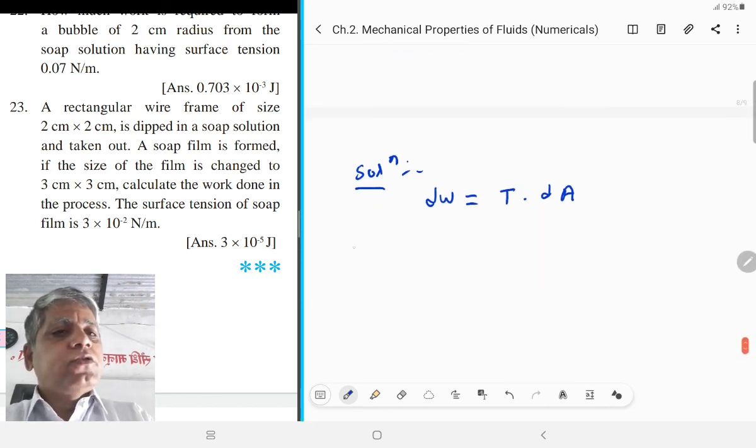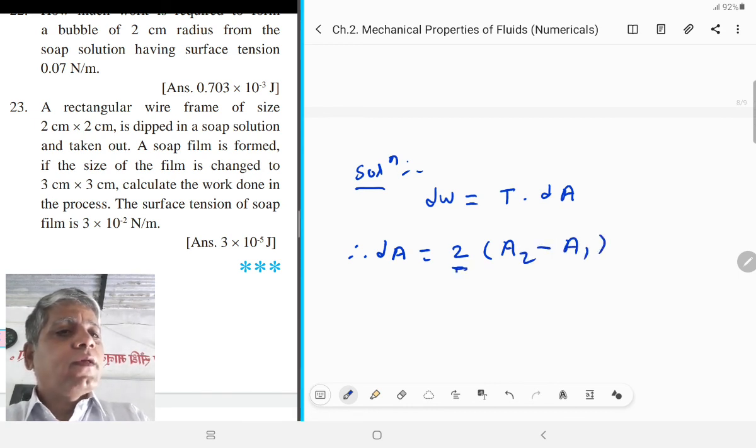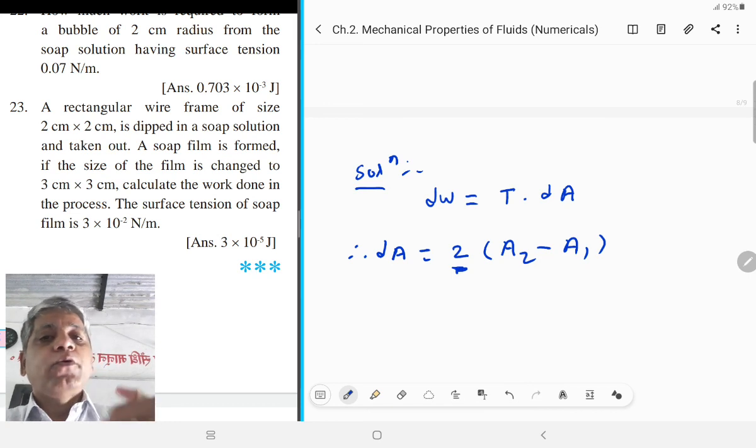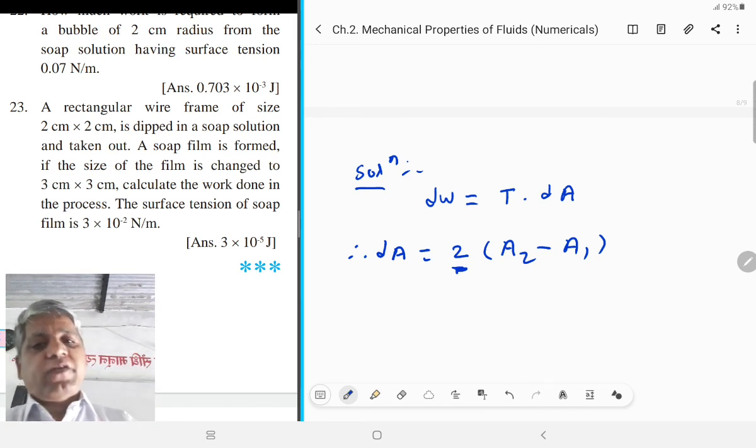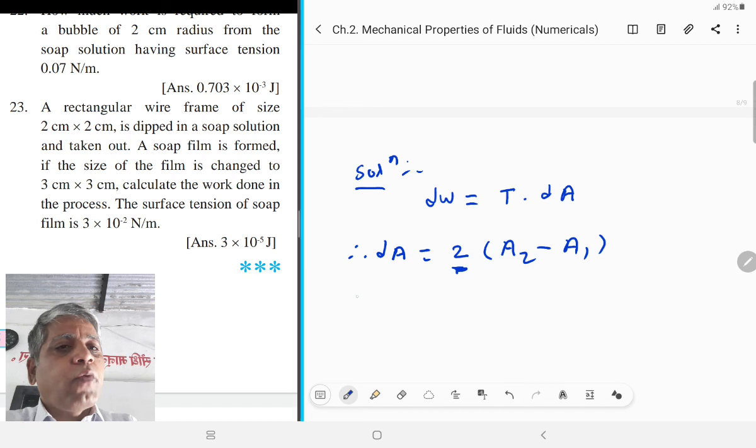Therefore, change in surface area is equal to 2 into bracket A2 minus A1. This 2 is due to the soap film having two sides, two free surfaces. Therefore, here 2 is taken. Therefore, dW is equal to T into 2 times A2 minus A1.